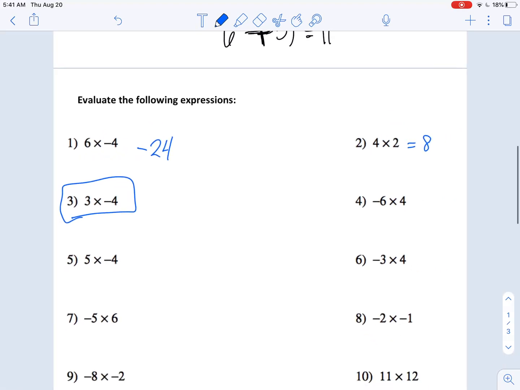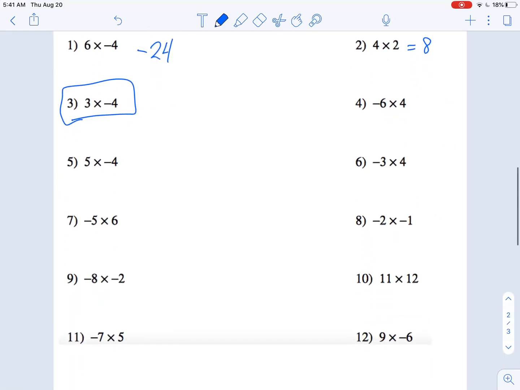So number 3, I've got a single negative, so just one negative number. So I know my final answer is going to be negative, because a negative times a positive is a negative, and 4 times 3 is 12.